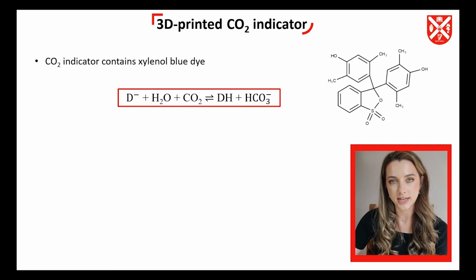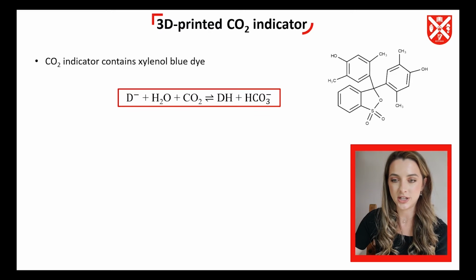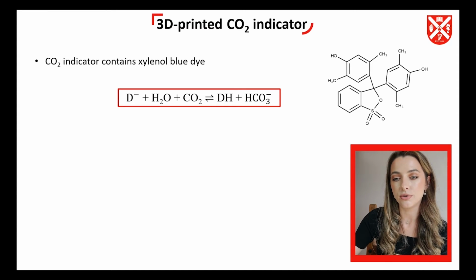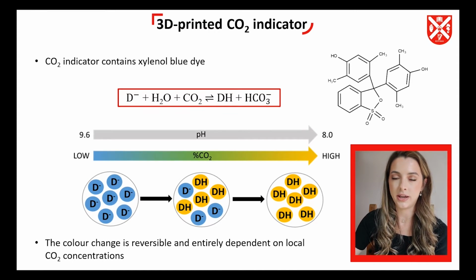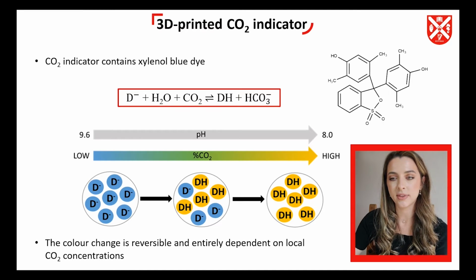So the CO2 indicator contains a dye called xylenol blue, which is essentially a pH indicator. So under normal atmospheric conditions, where CO2 is at about 0.04%, xylenol blue exists in its deprotonated blue form. As the bacteria produce CO2, the CO2 mixes with water in the air to form carbonic acid, which protonates the dye.